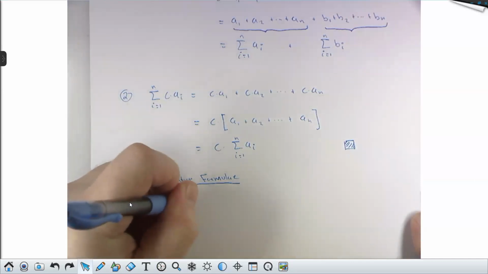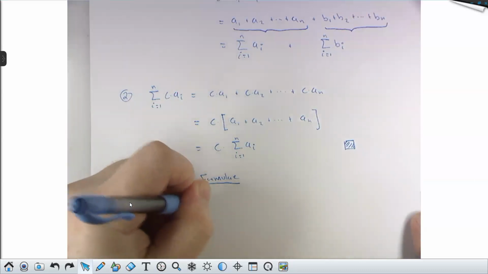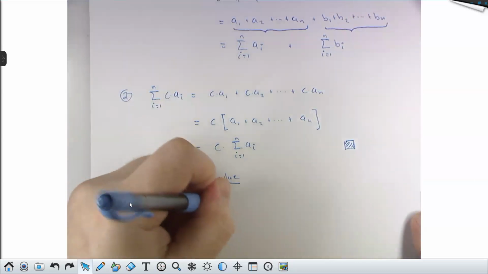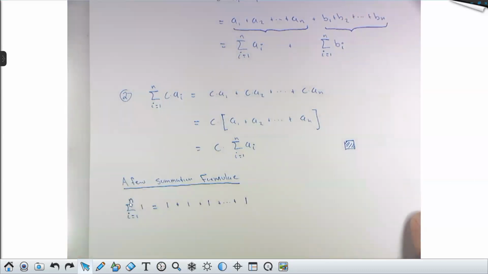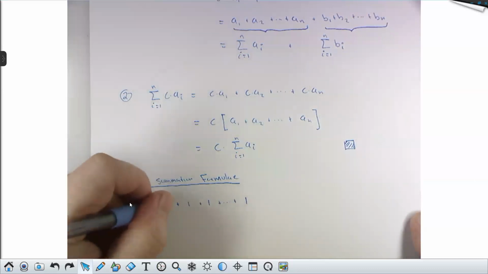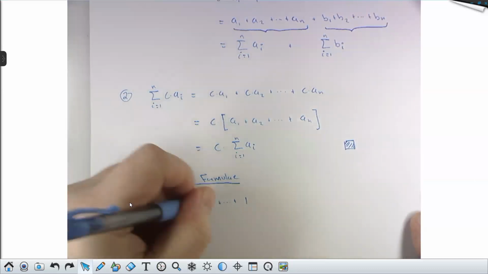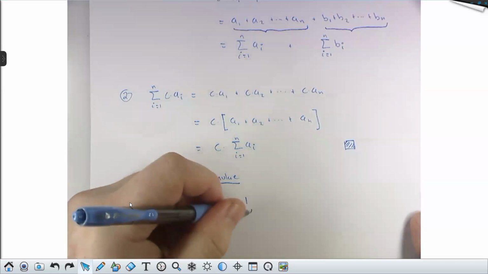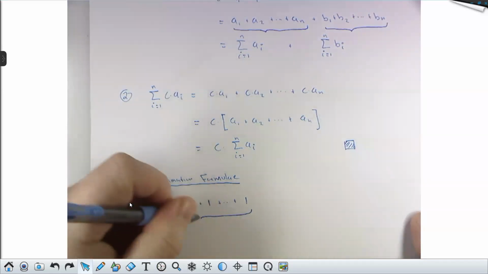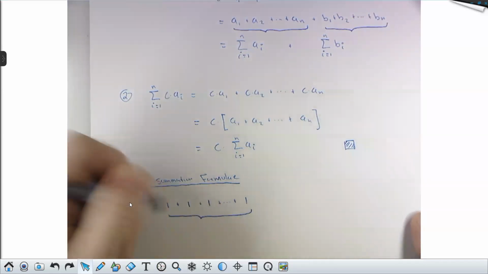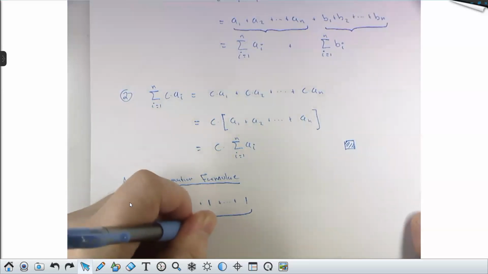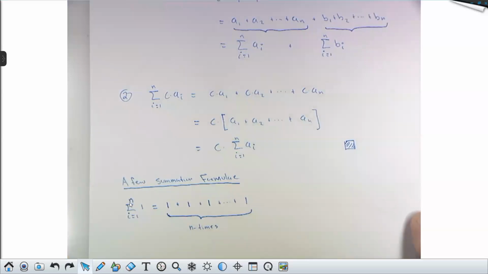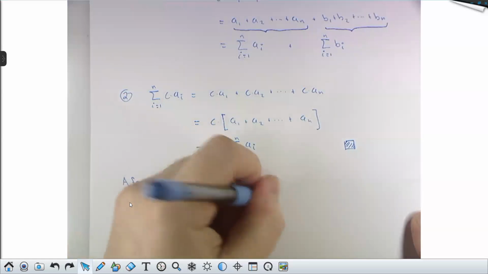This is a constant. Plus, when i is equal to 3, 1 is still just 1. Plus, all the way out until we get to the last term, which would be 1 as well. This is just 1 added to itself n times. And 1 plus 1 plus 1 plus 1 plus 1 plus 1 plus 1, n times, that's always going to come out to n.